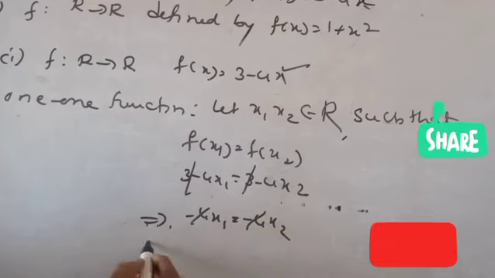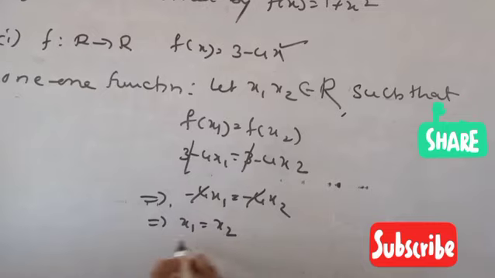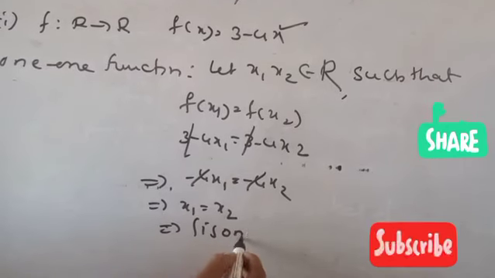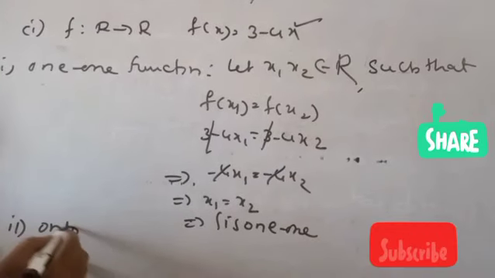Minus 4 and minus 4 cancel. Therefore x1 = x2. This implies f is one-one. Second, onto function.